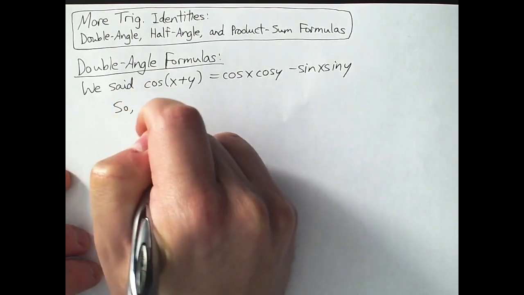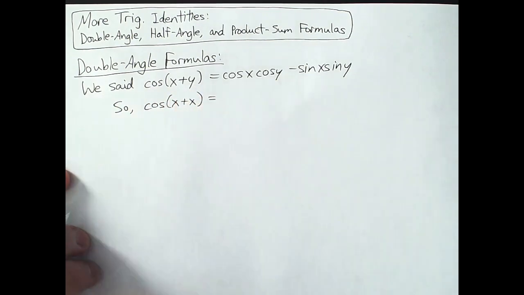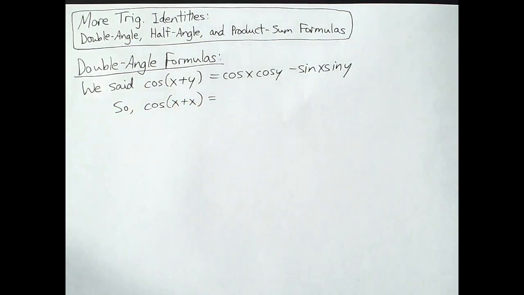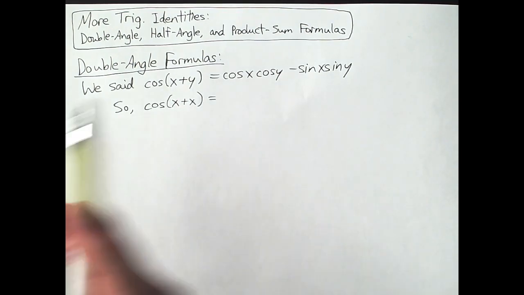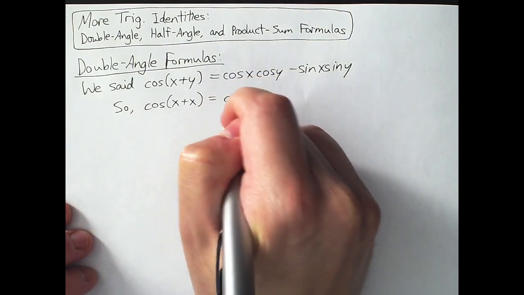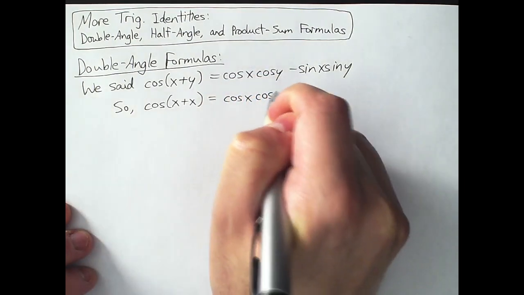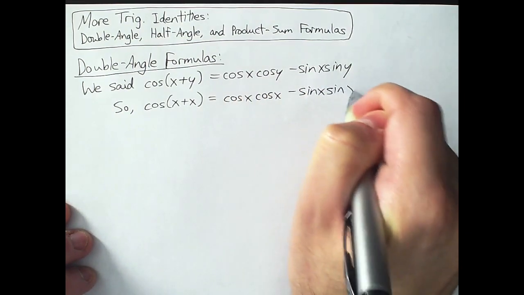So what happens if we try to do cosine of x plus x? What if the two angles that are being added are in fact the same angle? Instead of x plus y, we just say y is the same angle as x. Well, in that case, you get cosine x cosine x minus sine x sine x.